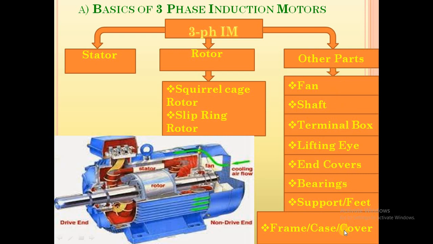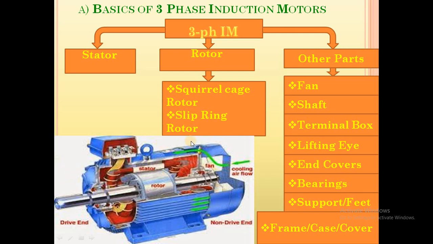These are the other parts of the machine, but very important parts are stator and rotor. Again, the rotor is divided into two types, that is squirrel cage rotor and slip ring rotor. According to the application we can use squirrel cage or slip ring induction motor.